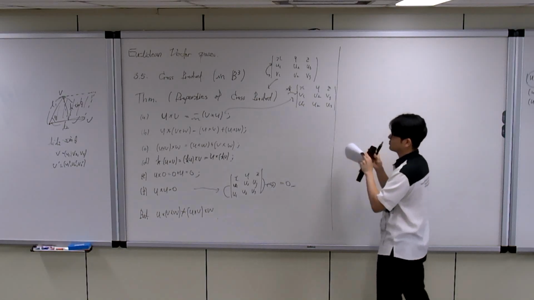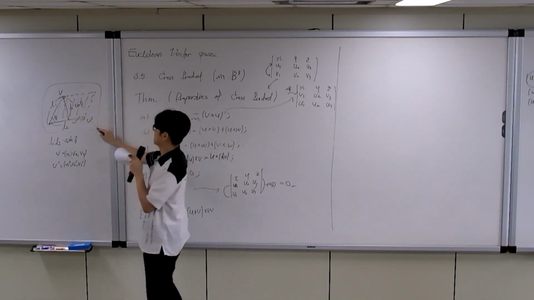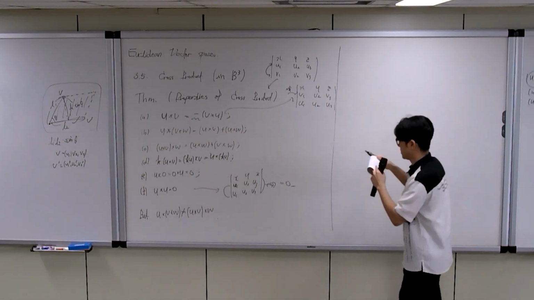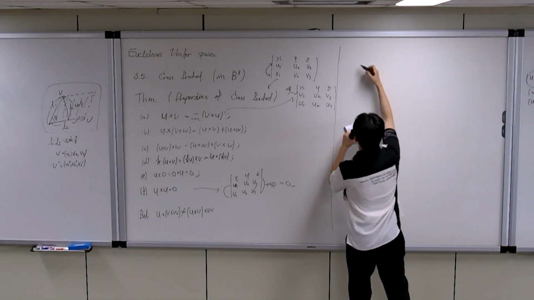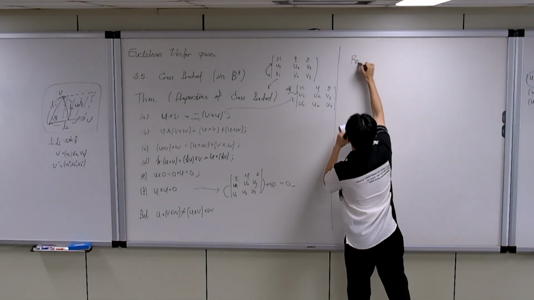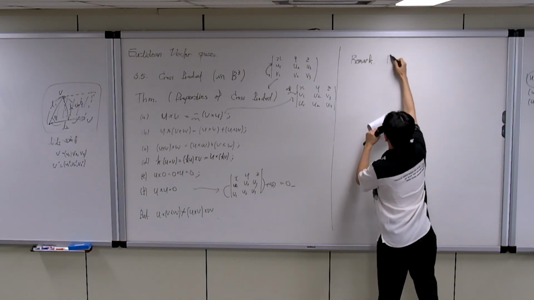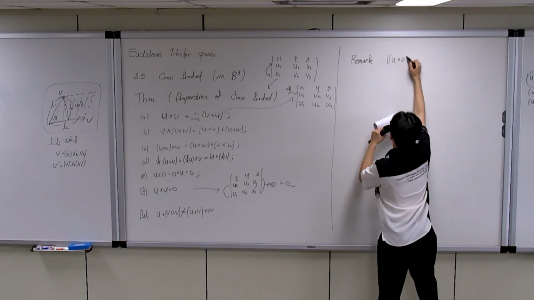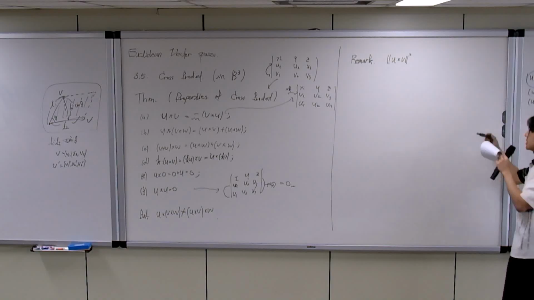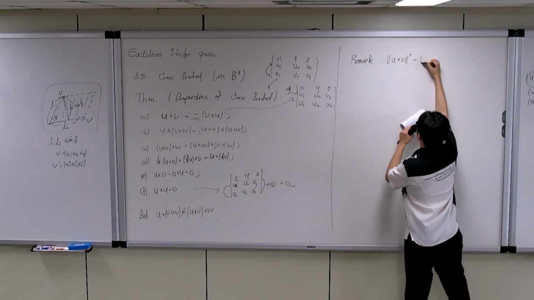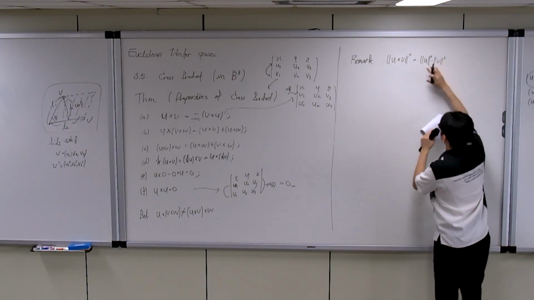And also, let me focus on the parallelogram. We saw the third property with dot product, the Lagrange identity, which is the formula.